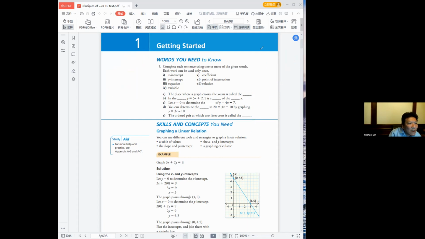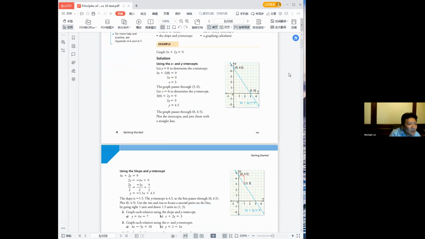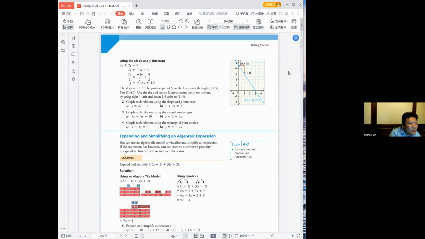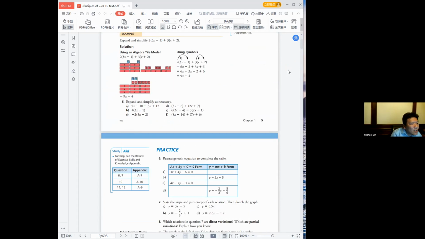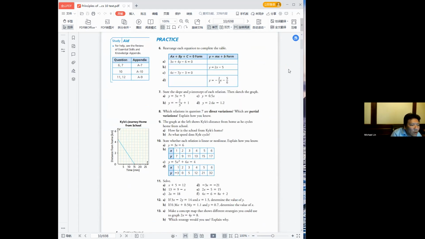Generally speaking, the graphical solution is the worst one because it takes the longest to do. And you have to graph it really, really precisely in order to get an answer, right? So that's why most of the time in grade 10, we try to focus more on doing it by either substitution or elimination. So we want to solve it algebraically.